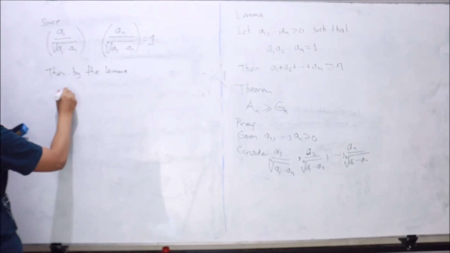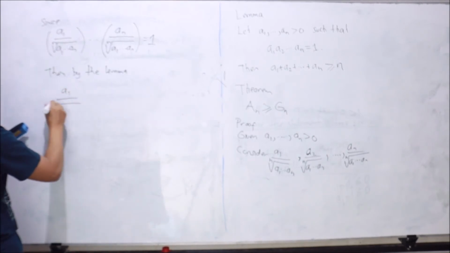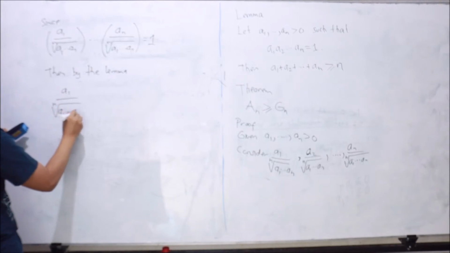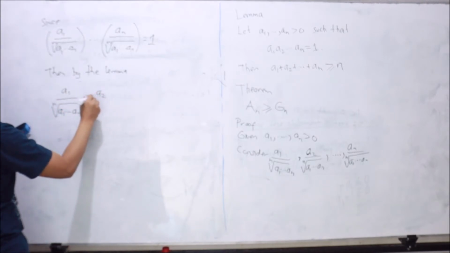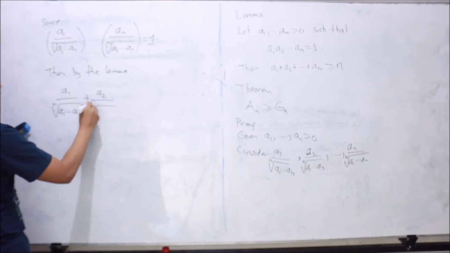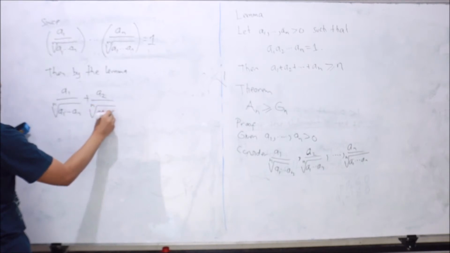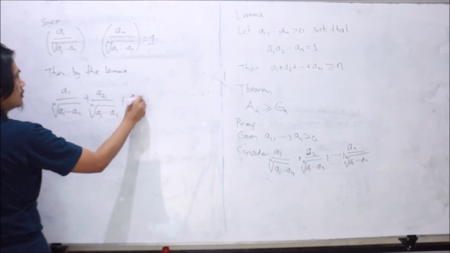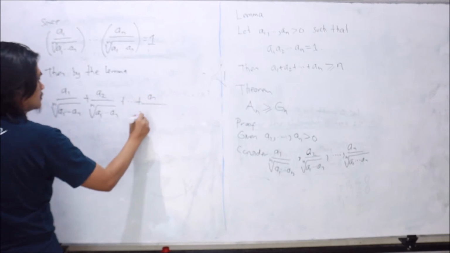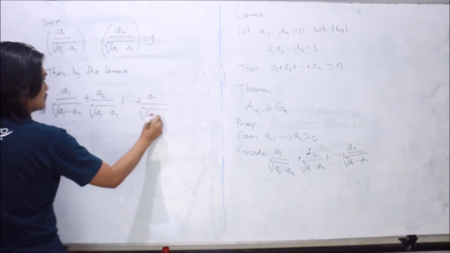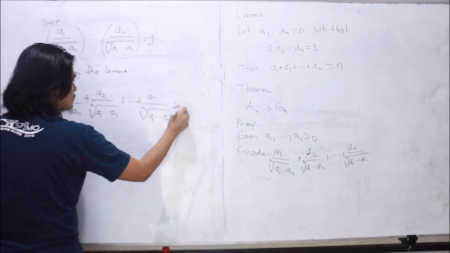So what that means is the sum of a1 over this nth root up to an is greater or equal to n.